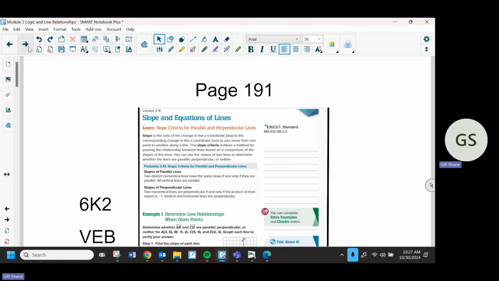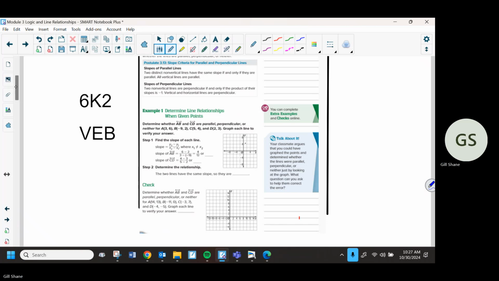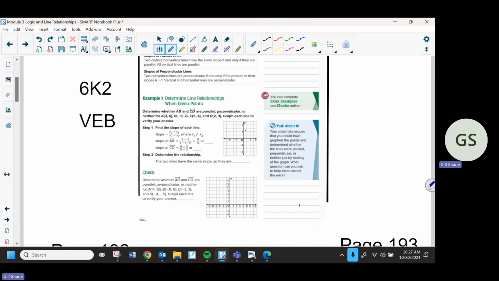So here are the concepts. I'm going to write them down for you. We'll take quick notes. If I have a line that goes up from left to right, I always describe it the same way.